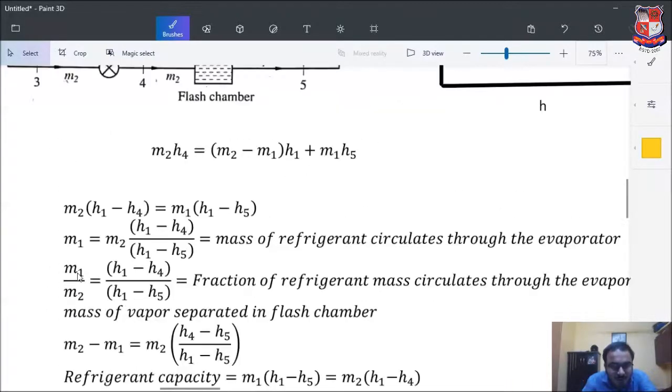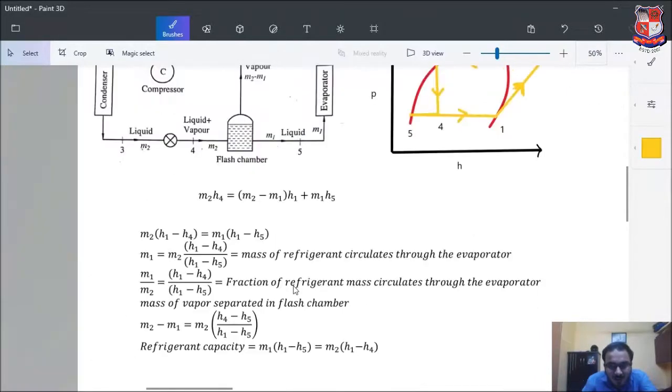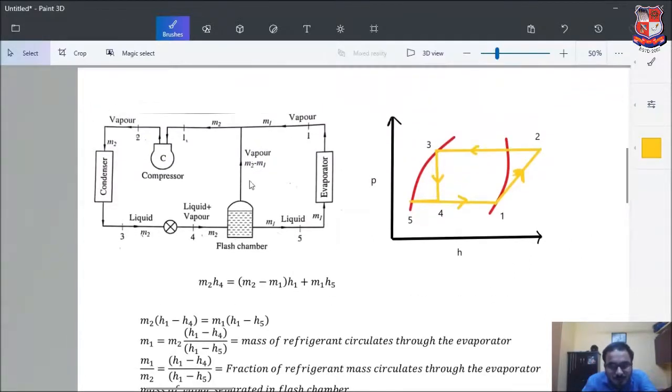So this ratio gives us the fraction of refrigerant mass which circulates through the evaporator. This is the total mass which is going through the evaporator, and this is the fraction of total mass. And then mass of vapor separated in the flash chamber is given by M2 minus M1, and that is also justified from this figure.